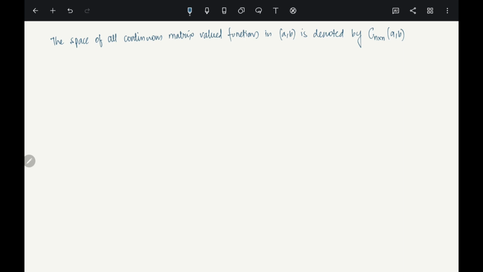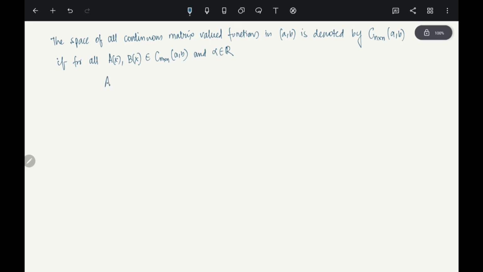Okay, and if for all, okay, how am I defining it? If for all A(x), B(x) in C_{n×n}[a, b] and alpha in R, we can do this.